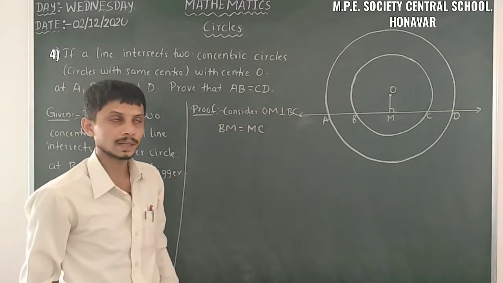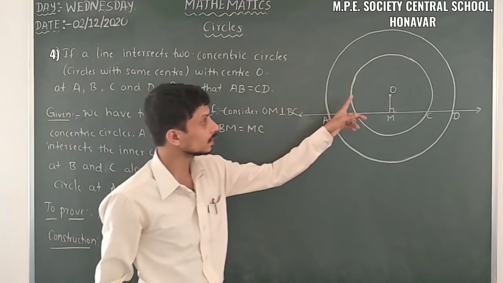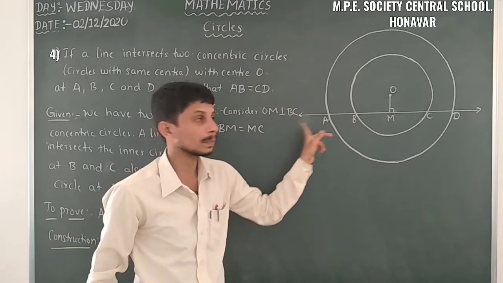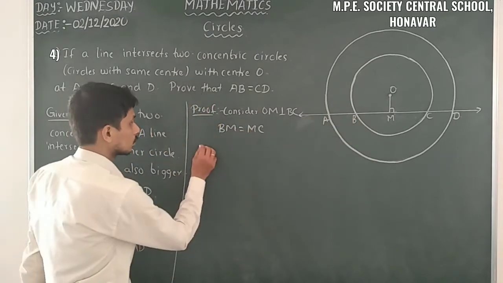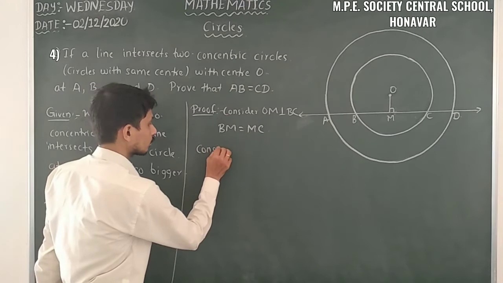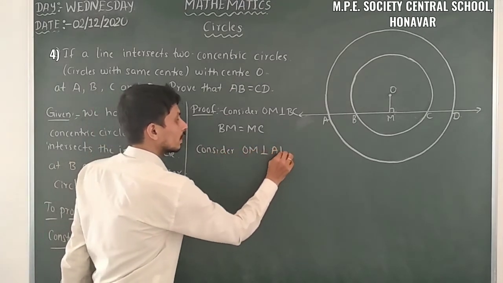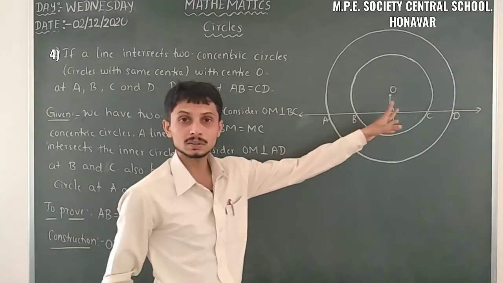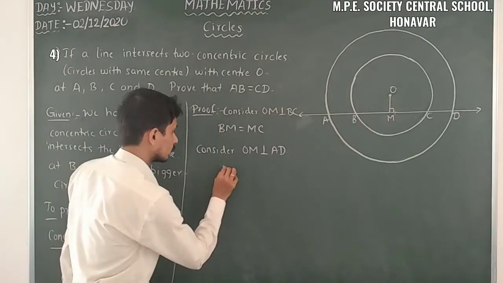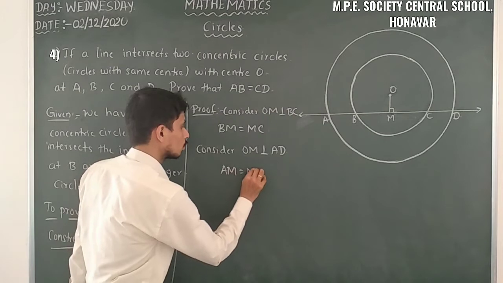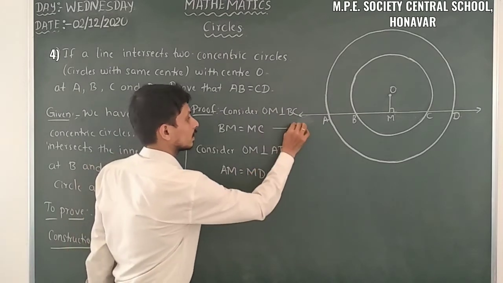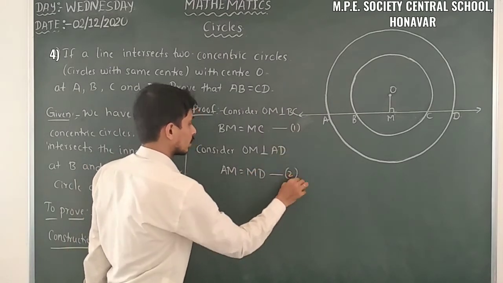This is equation 1. Then consider the same OM perpendicular to AD. Then AM is equal to MD. This is equation number 2.